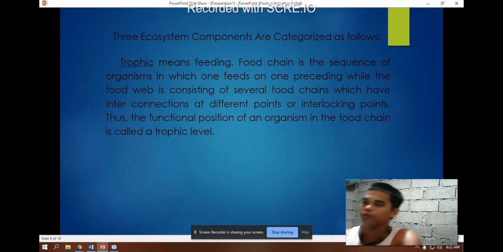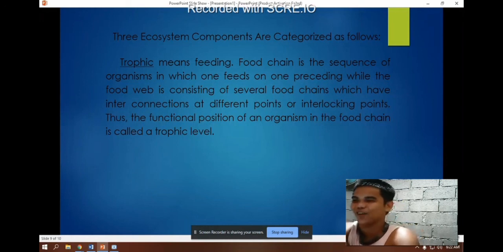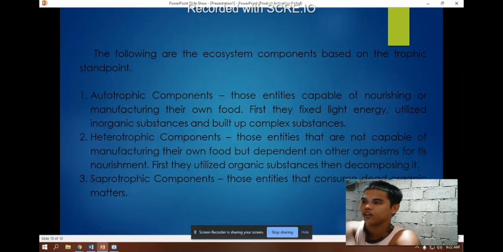So the functional position of an organism in the food chain is called the trophic level. The following are the ecosystem components based on the trophic standpoint.